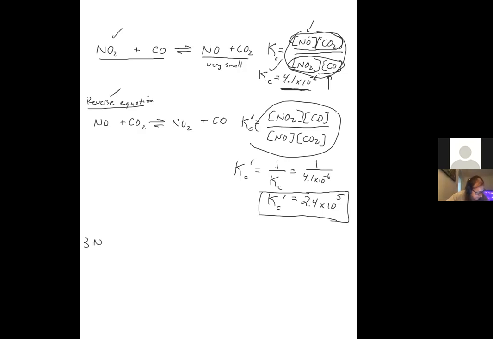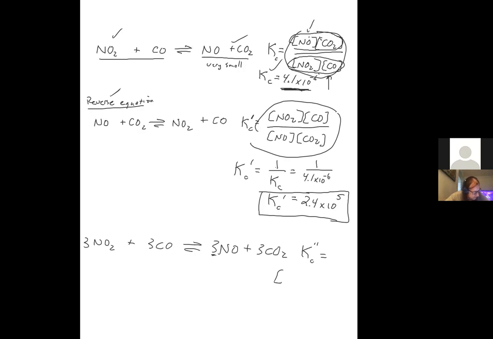Now the third one is 3NO2 plus 3CO goes to 3NO plus 3CO2, and we want to know K for this one. So I'll call it double prime. Okay, now let me show you what's going on here. It's the same equation as this one, just has 3's, but look what happens to the expression.